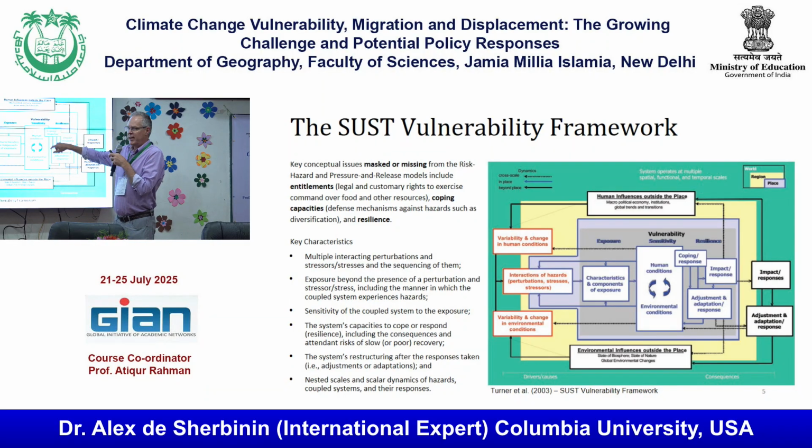Then the sensitivity of that system to the perturbation, the stressor, and finally the resilience, which is the coping and response, the impact response, and the adjustment and adaptation response. That basically means after the experience, you might learn something from it and start adopting new approaches or technologies to try to avert those kinds of system responses in the future.